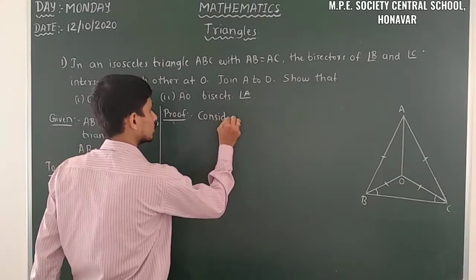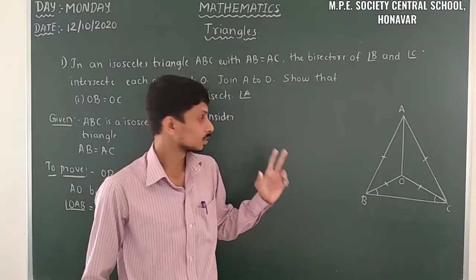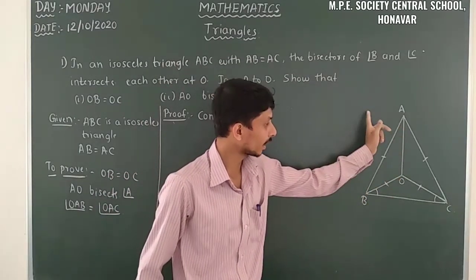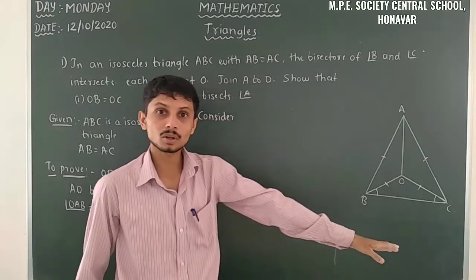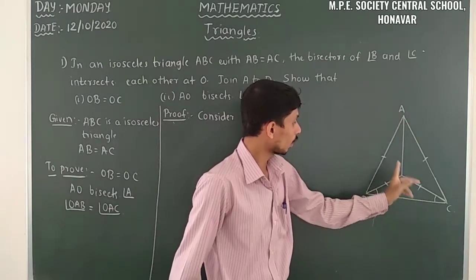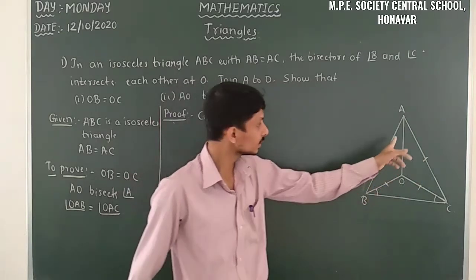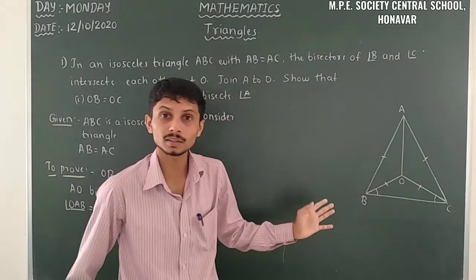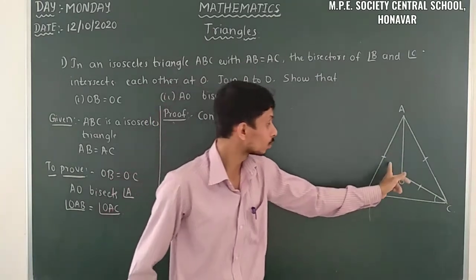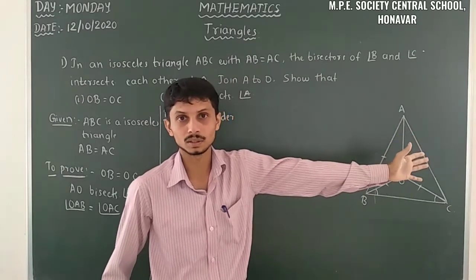Consider two triangles, triangle AOB and triangle AOC, because we have to prove angle BAO or OAB and angle OAC are equal. Those two are corresponding parts of these two triangles. So when we prove that those two triangles are congruent, then we can take those two corresponding parts are equal.